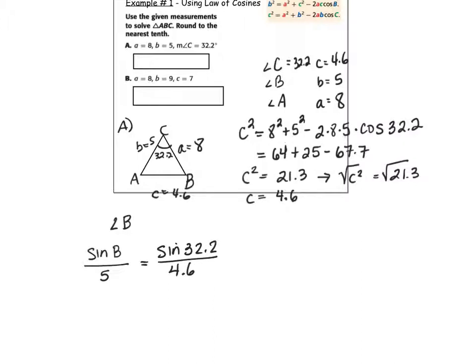We just found that out. Little c is 4.6. We cross multiply. After we cross multiply, we'll divide both sides by 4.6 to isolate the sine of B. So when we do that, we get the sine of B is equal to 5 times the sine of 32.2 divided by 4.6.